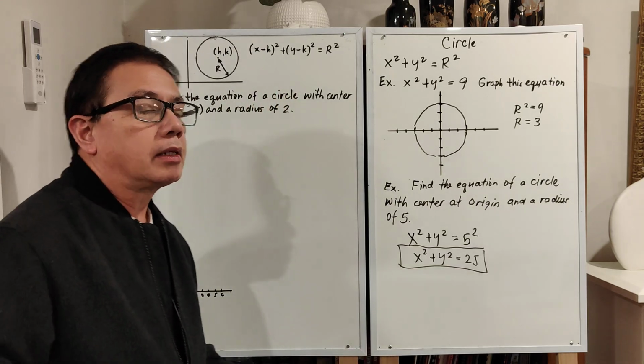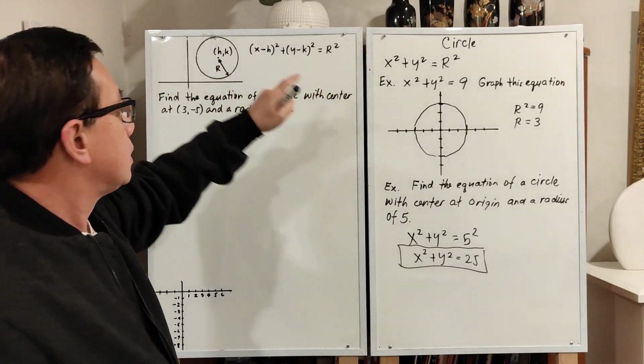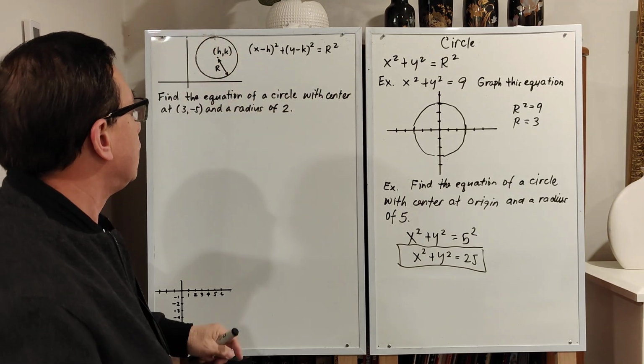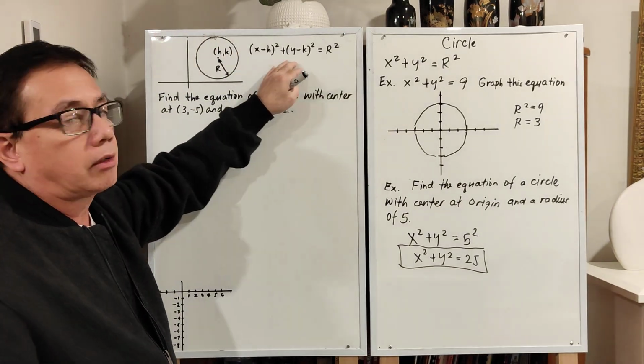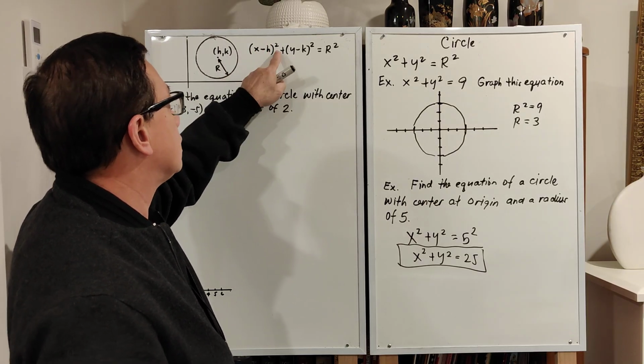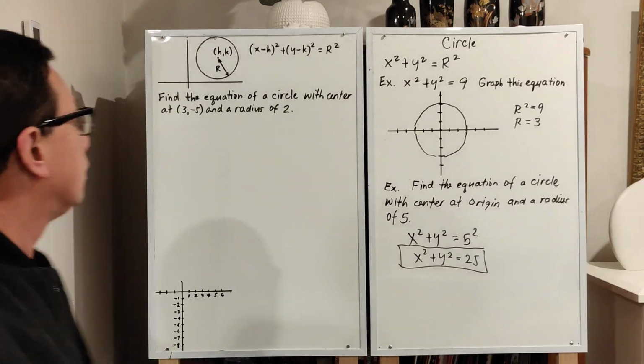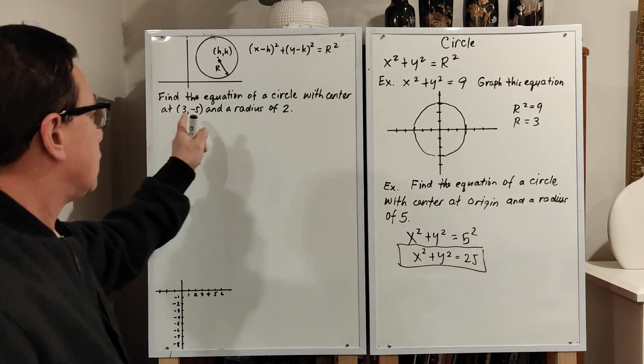Now if the center is not at the origin, for example, your center of the circle is at (h, k), this is the standard equation: x minus h, the quantity squared, plus y minus k, the quantity squared, is equal to r squared. So here's an example.